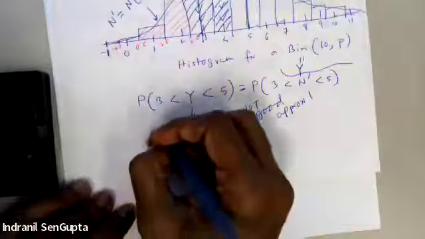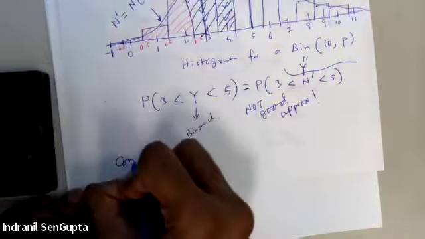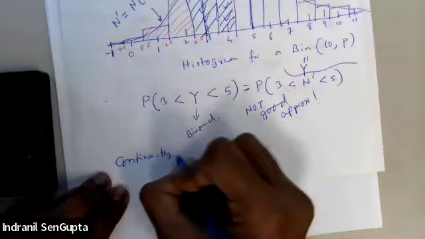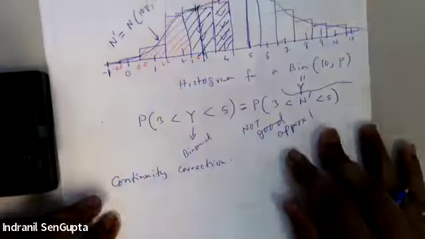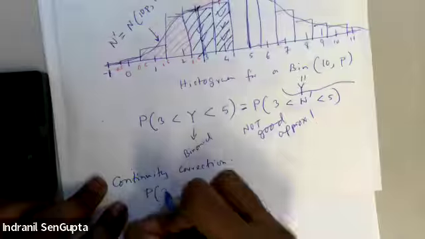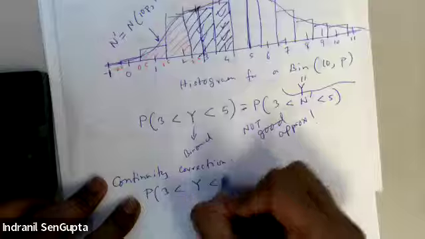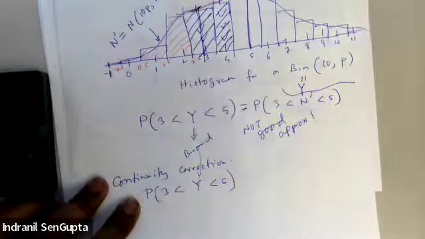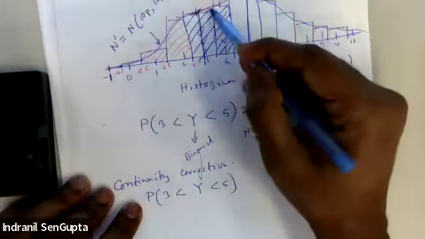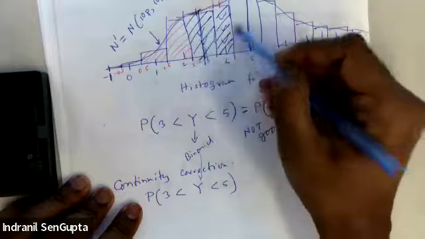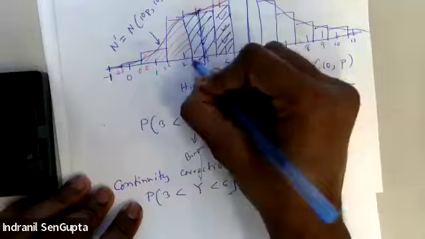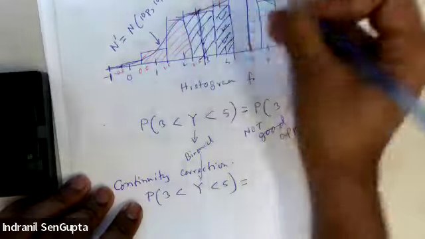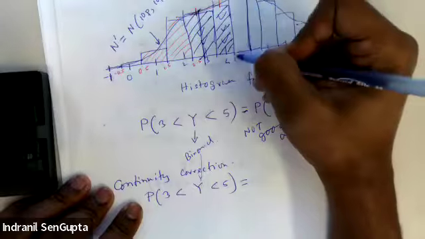Instead, there is something called the continuity correction. When we go from binomial to normal, that is the correction we need. So it's 3 less than or equal to y less than or equal to 5, where y is again binomial. I want to compute this area plus this area, right? So why don't we write this from 2.5? There's a curve going through 2.5 and ending at 4.5.